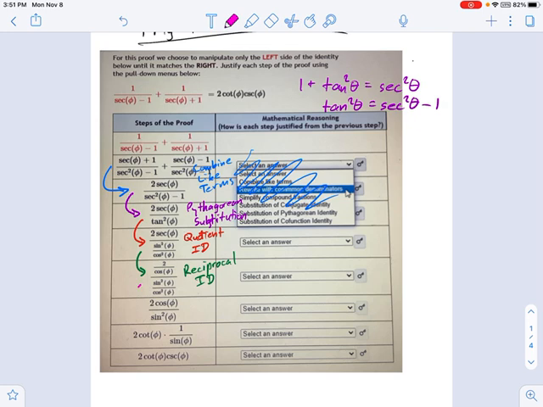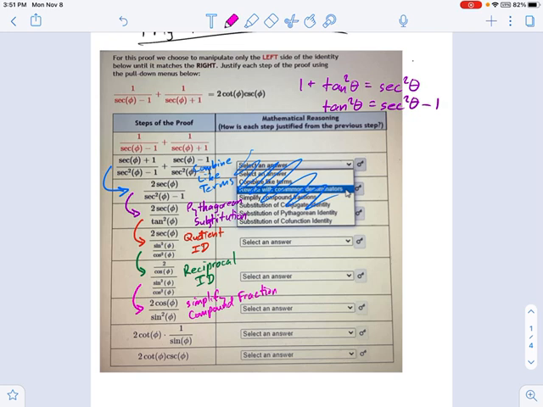And the rationale to go from that step to this one would be to simplify the compound fraction, or something similar to that phrase. Whether you do that by keep, flip, change, or by clearing the denominators, multiplying by a crazy one, there's a few different methods, but we're simplifying the compound fraction.